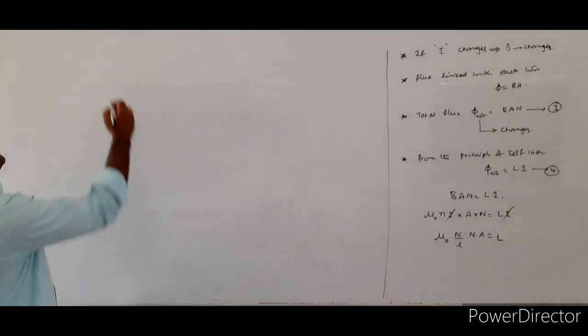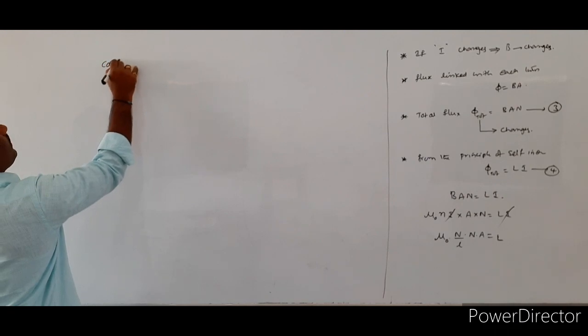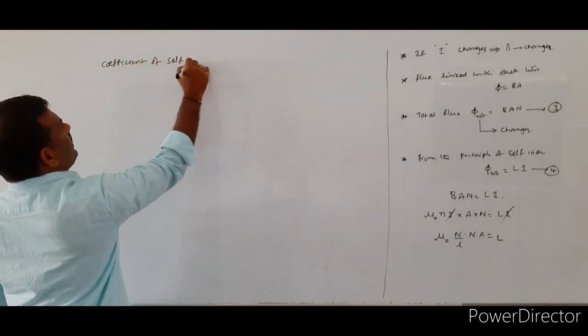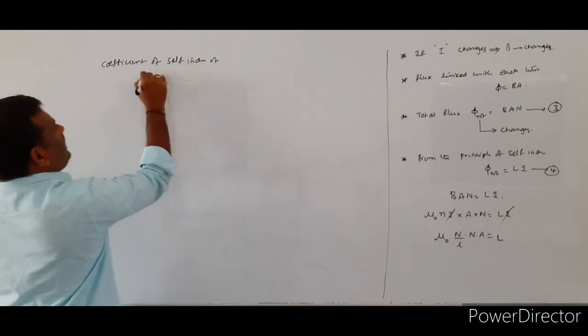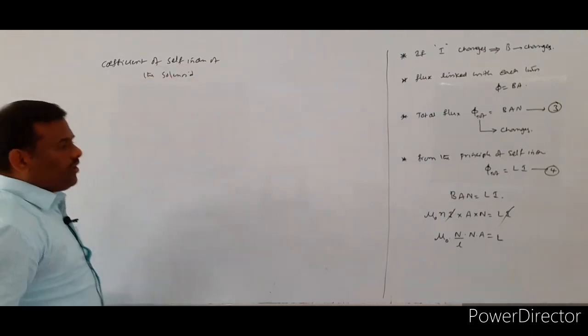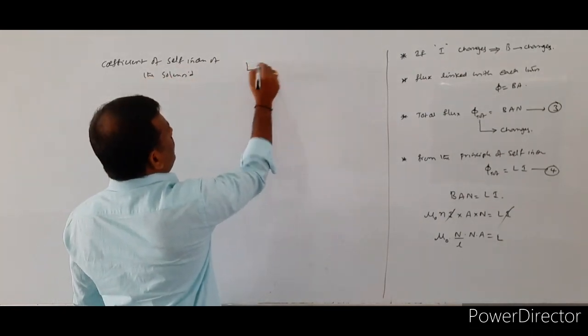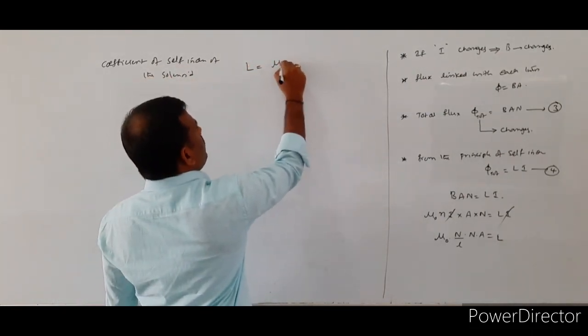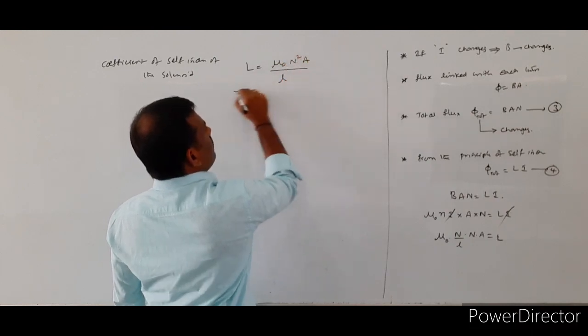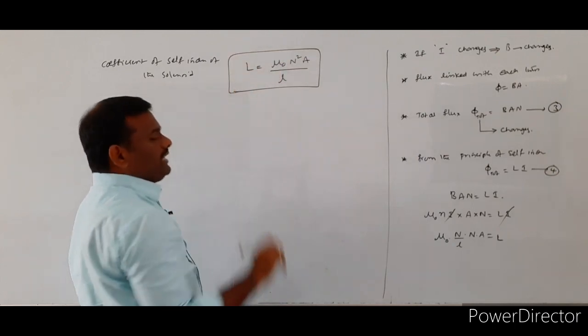The coefficient of self-induction of the solenoid becomes L is equal to mu naught n square A by L. Very important formula.